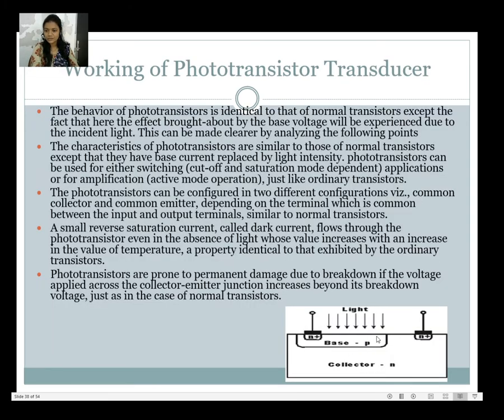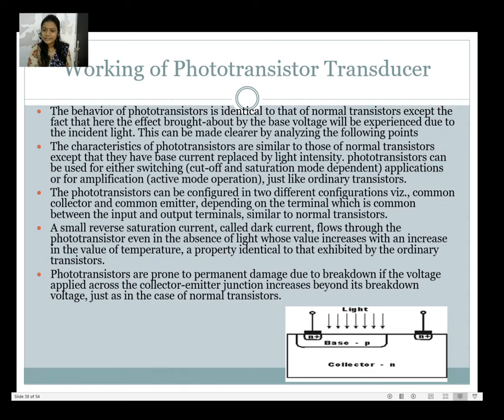So how does it work? In the image we can see the collector, then the n-plus region, then the base, and light is falling on the junction. The behavior of a phototransistor is identical to that of a normal BJT, but the difference is that the effect brought about on the base voltage is experienced due to the light.